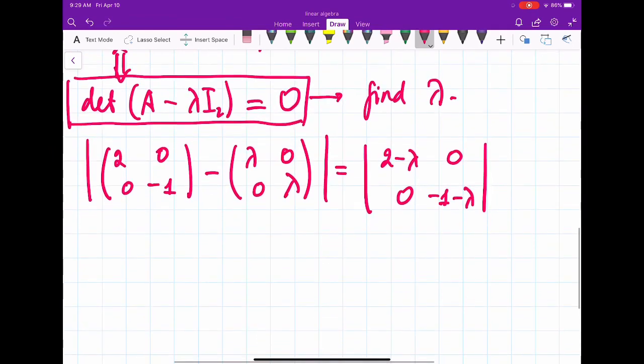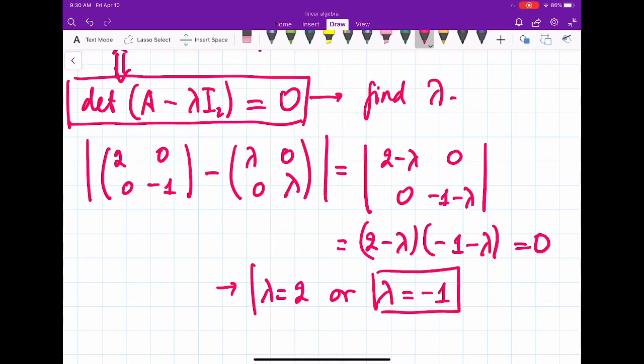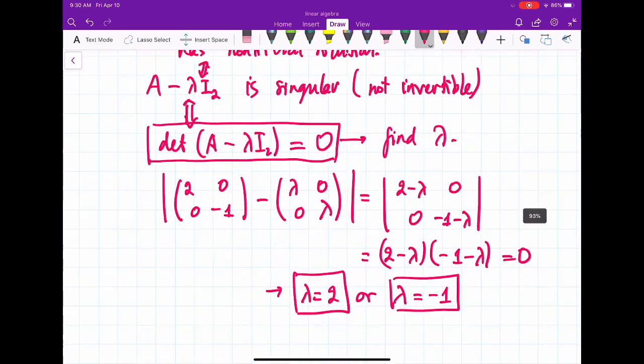And the determinant of this matrix is just the product of 2 minus lambda and negative 1 minus lambda. And I set this equal to 0, right? From here, we get lambda equal to 2 or lambda equal to negative 1. So this matrix has 2 eigenvalues, okay?